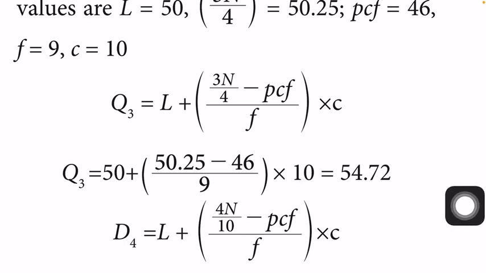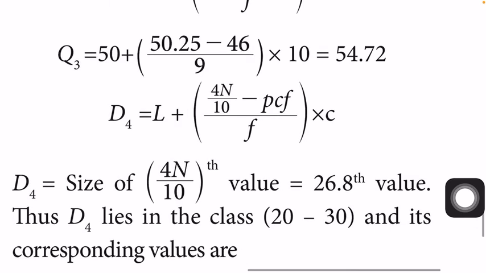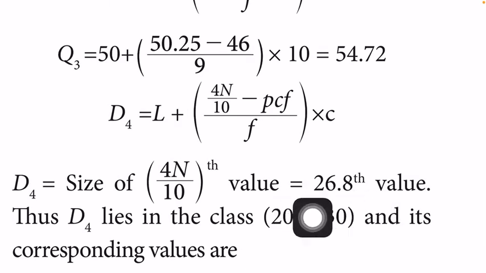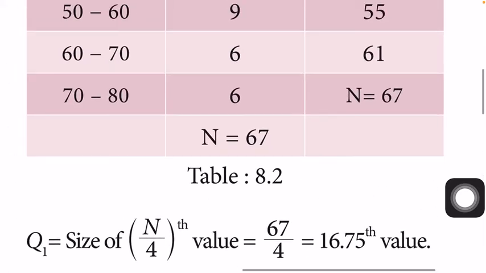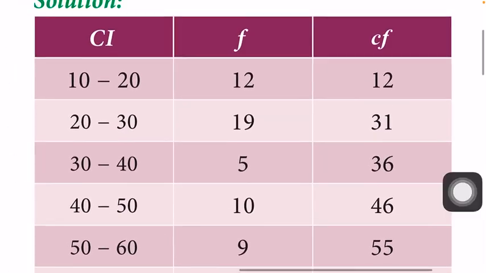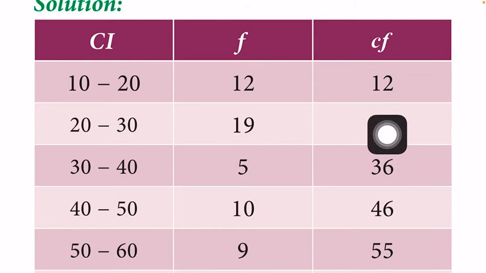So D4, decile 4, is L plus 4n by 10 minus PCF divided by F into C. For this we need to find 4n by 10, which is 26.8. In which interval does 26.8 lie? The higher value is 31, so again 20 to 30.